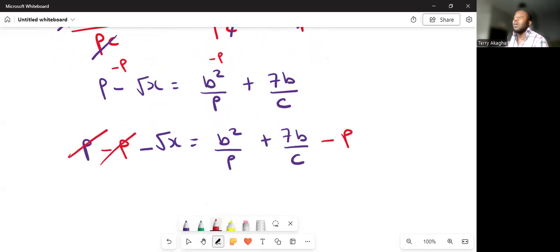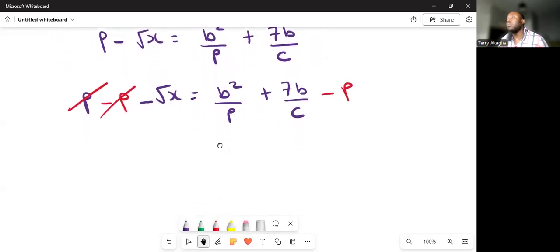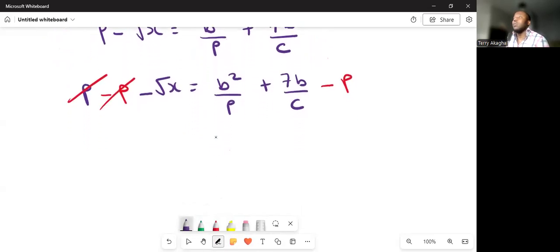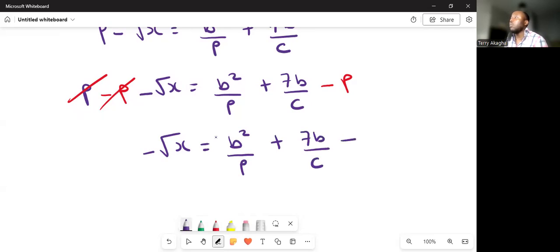Now this will cancel out. Then we're going to have minus square root of x will be equal to b squared over p plus 7b over c minus p.